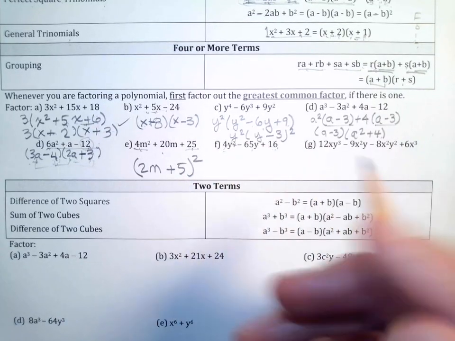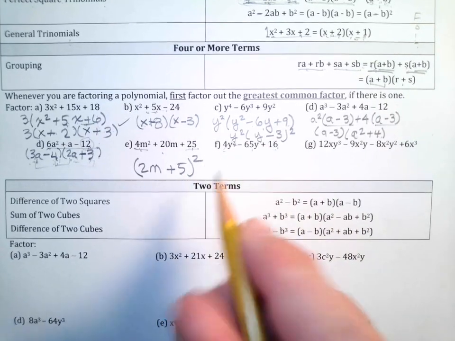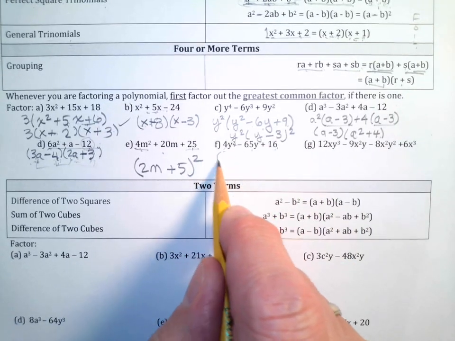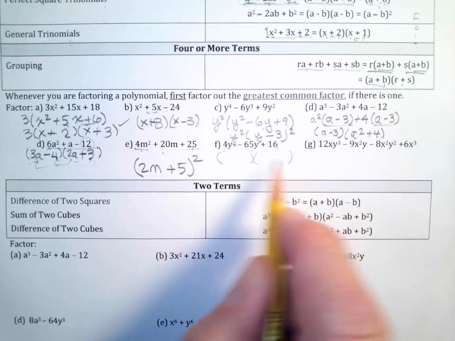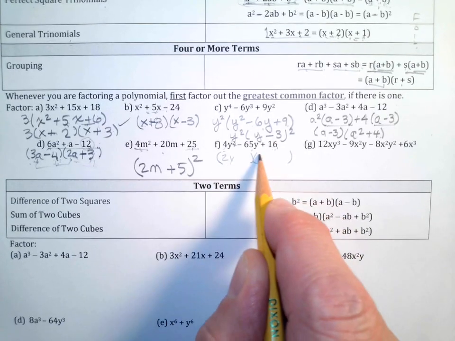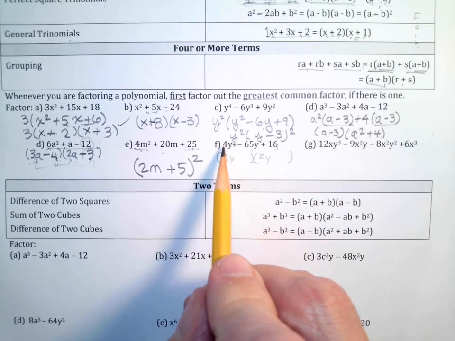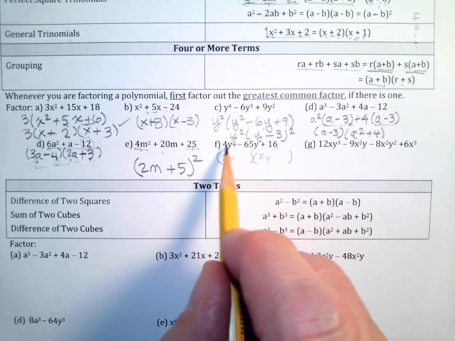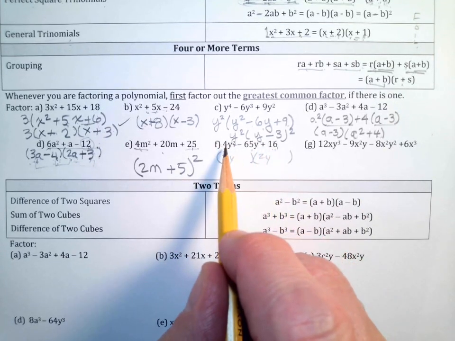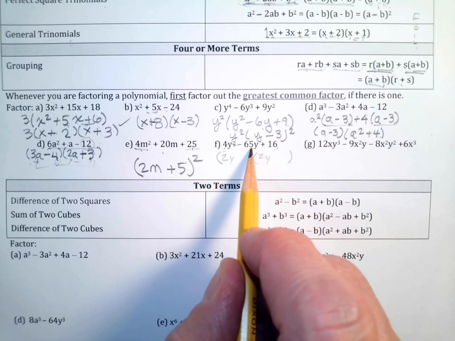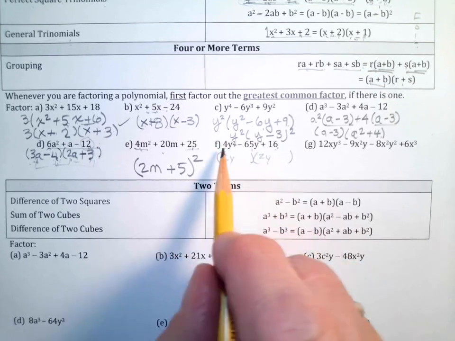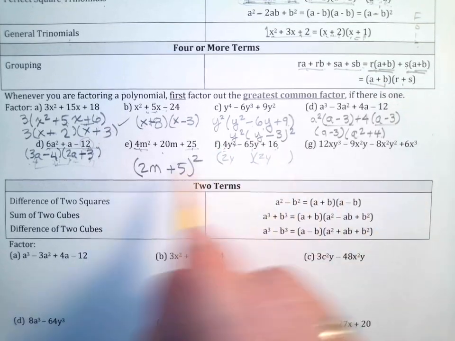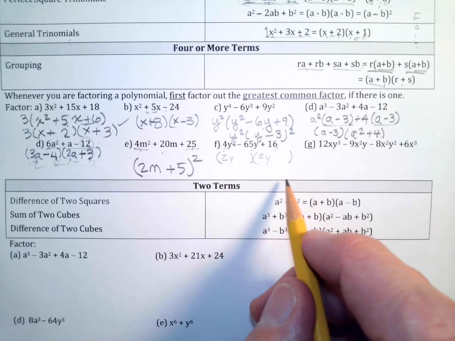So what we're going to do is just try to factor this. Maybe the first thing we would do is try 2y and 2y, because that would give us 4y squared. However, remember, there's no common factors up here, right? 65 does not have a common factor, that's 5 and 13. That doesn't have any factors with the other ones. All three have to have the same factors to have a GCF.